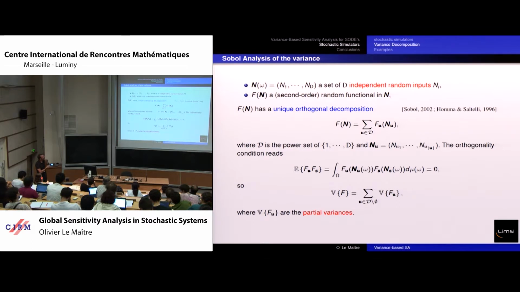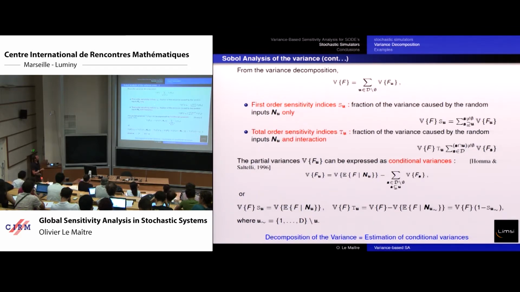I have a functional that depends on d independent random inputs, and here I'm writing the orthogonal decomposition that I had before, but generalized. Here is just an ensemble notation for the Sobol-Hoeffding decomposition, and here is the definition of the orthogonality. Here is the variance, where you sum over all functions in your decomposition except for the first one, which is the mean.